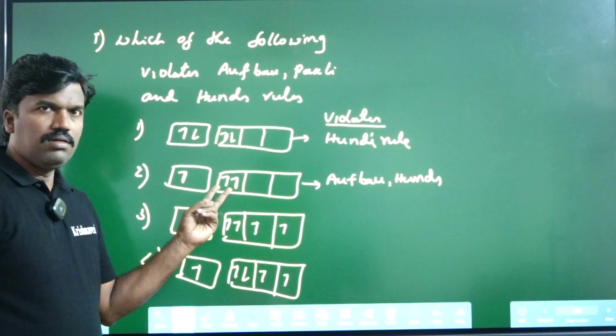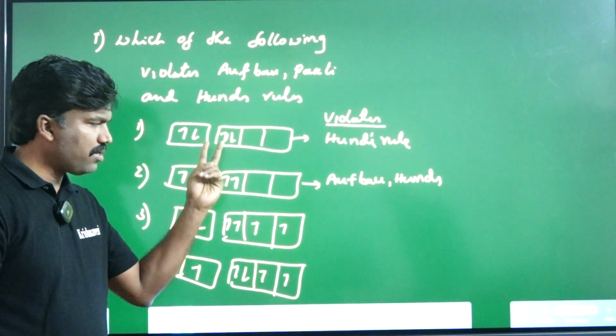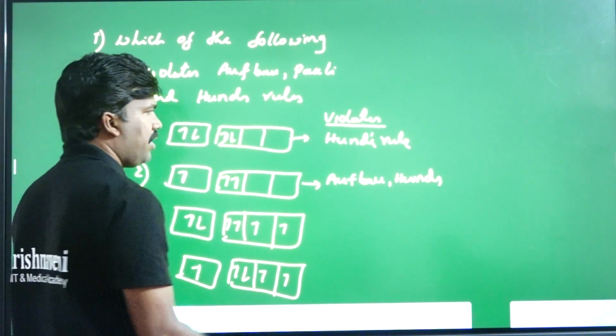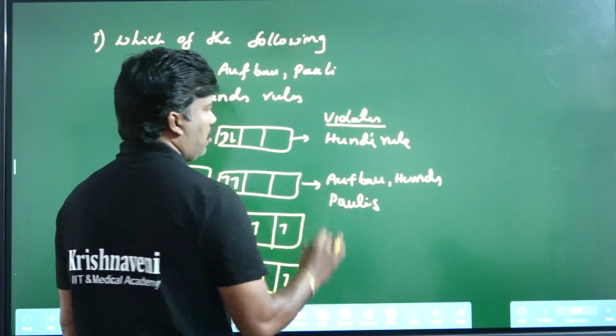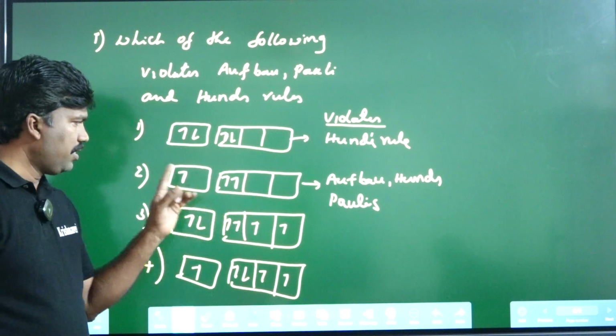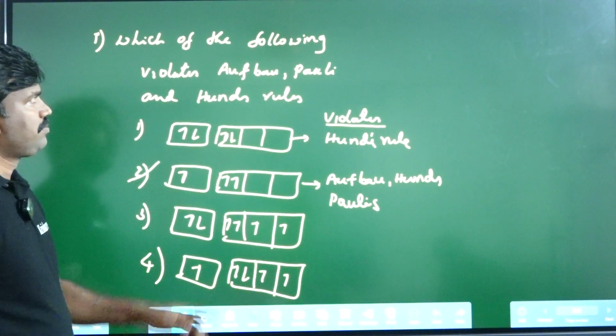And no two electrons can have the same quantum numbers. Here both electrons have clockwise spin. So this also violates Pauli's principle. So all the three rules are violated in the second one.